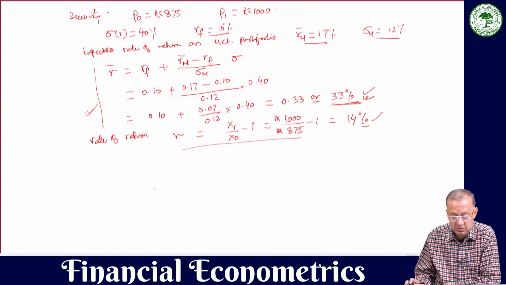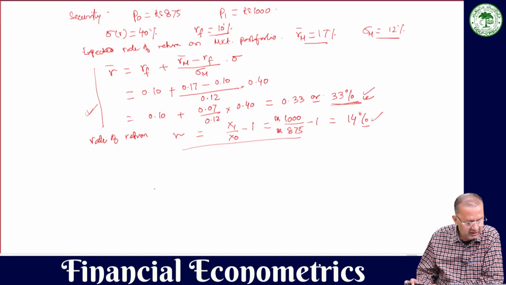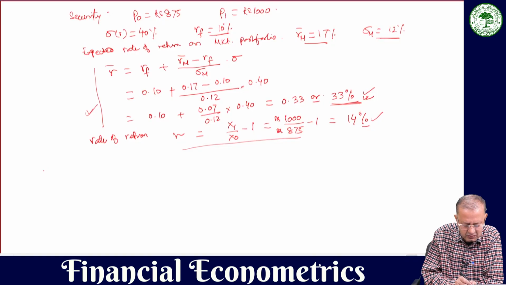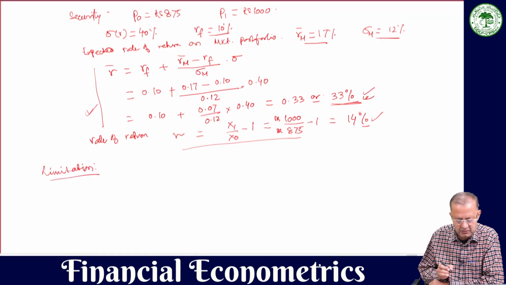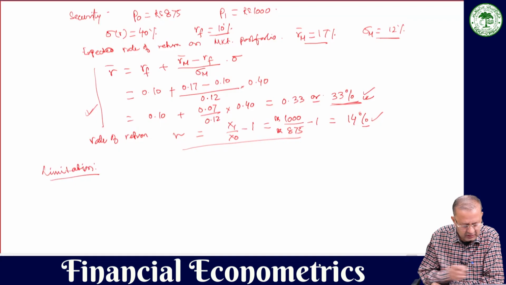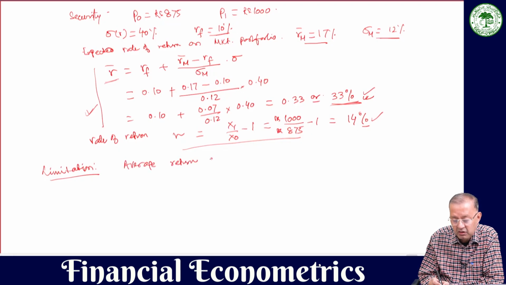Now the basic question about the pricing line, or what we may call the limitation of this capital market line or the price line, is that it talks about the average return of portfolio. And what is that portfolio?